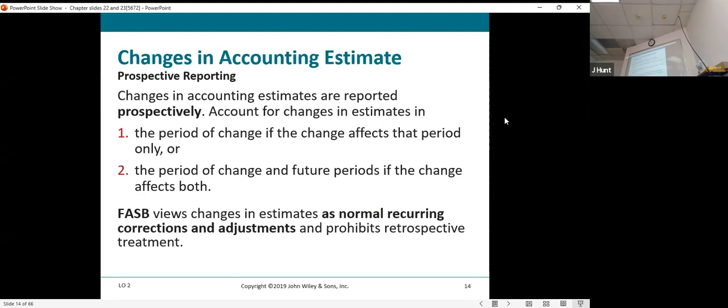So FASB considers estimate changes normal, but they prohibit you from going back. This one, the first one we did with principle, you go back. Estimates, they ban you from doing it. That's not even an option. You are not to go back to change anything. You just change it going forward. Okay.